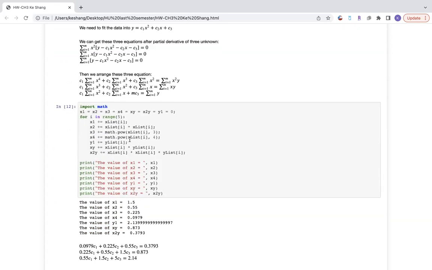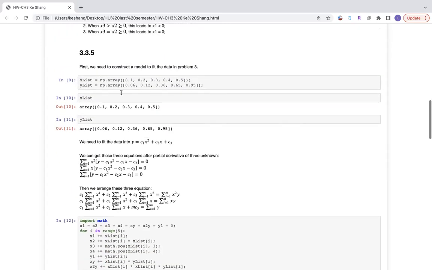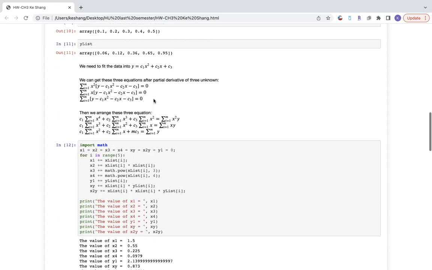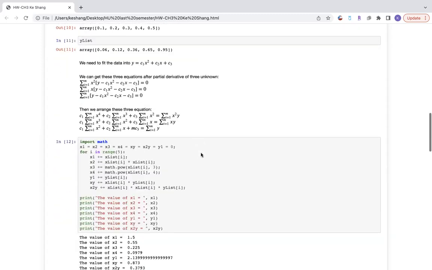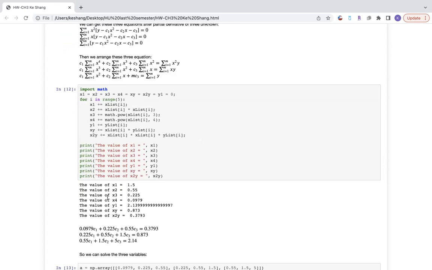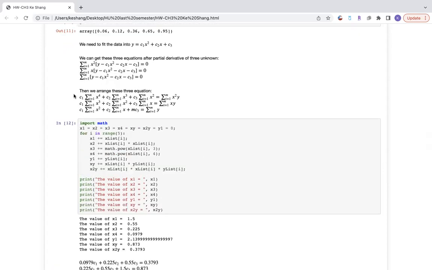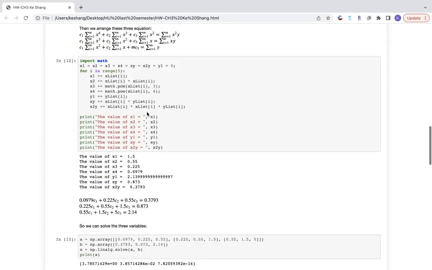So here I calculate x, x squared, x to the power of 3, x to the power of 4, and y, xy, and x squared y. Here I calculate all the summations from these two lists, in order to calculate C1, C2, and C3 in these three equations.